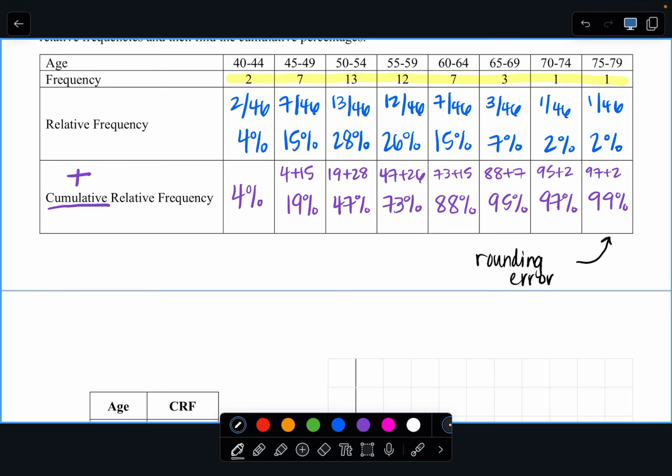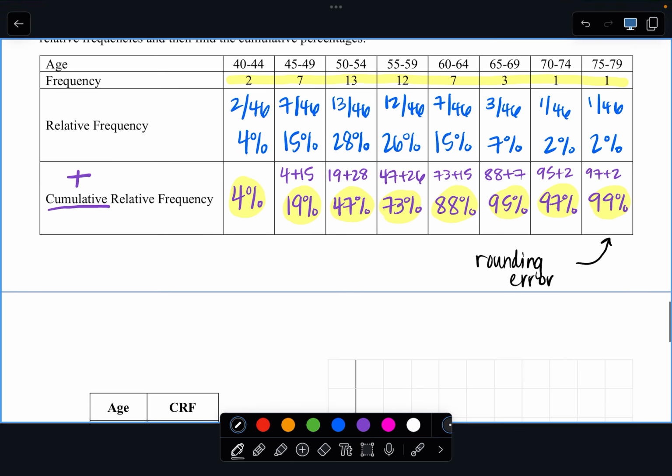Now, what I'm going to do with this is going to be the values that I actually graph. So the important part from this table is going to be these values that we found in the end. Now, you do need the relative frequencies in order to find these values, but this is the part that's actually going to be graphed.